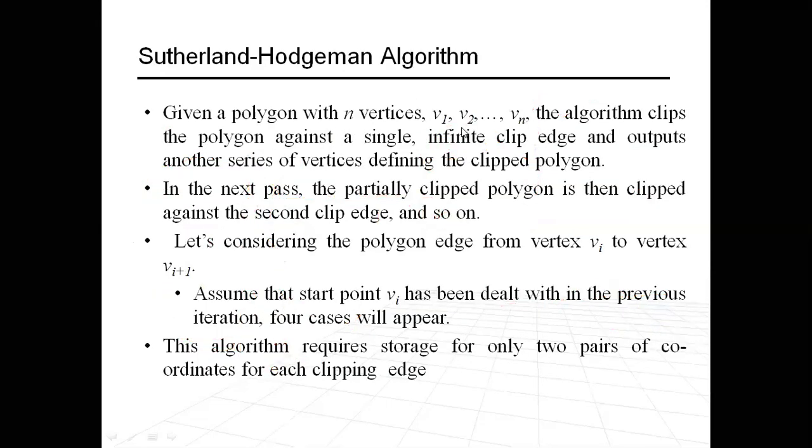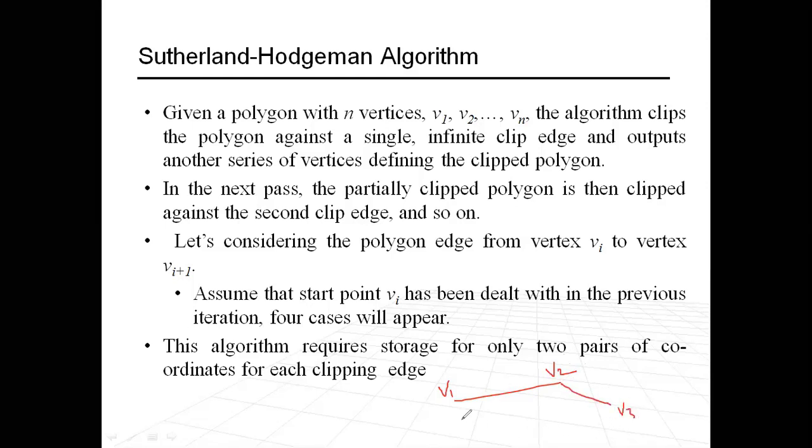Okay, so this is simply a statement that we have a number of vertices, n vertices v1 to vn, and we are considering the polygon edge, that is vertex vi to vertex vi plus 1. It means that we have vertex v1, then we are moving towards v2, then towards v3, and vi plus 1 we are going.